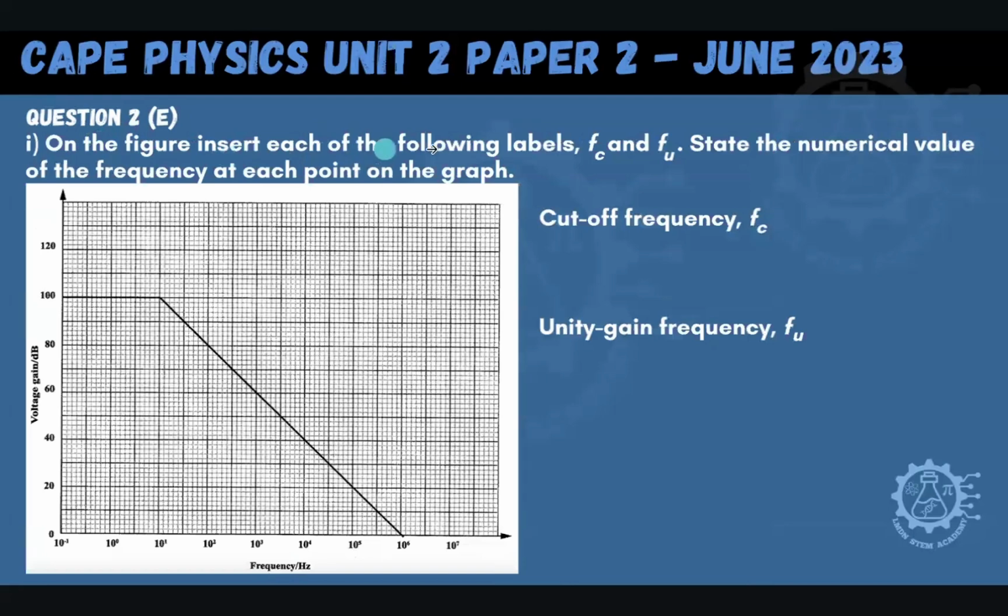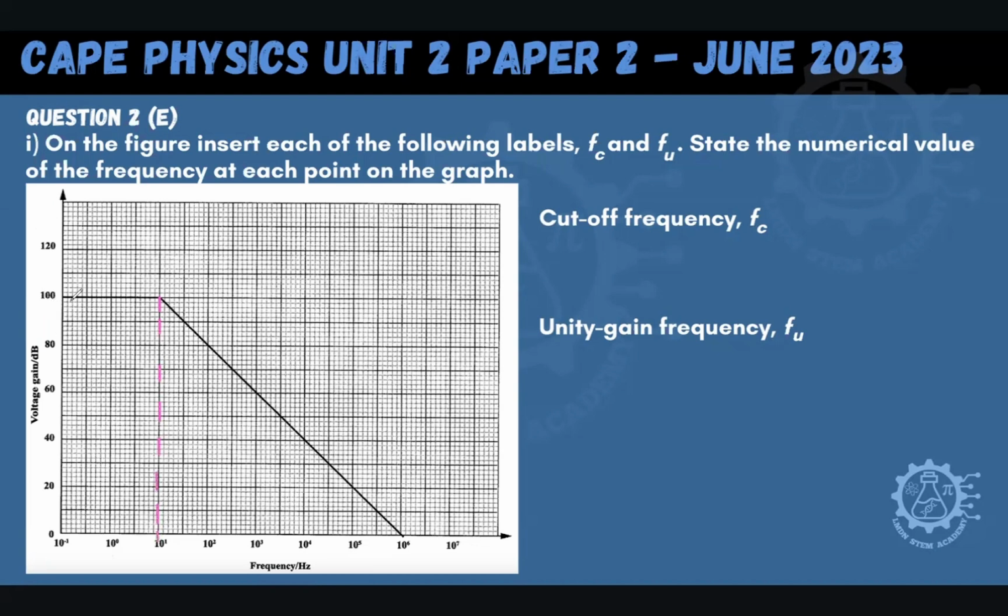On the figure, insert each of the following labels, F sub C and F sub U, and state the numerical value of the frequency at each point on the graph. The F little c is your cutoff frequency. The cutoff frequency is that point on the graph where you're looking at the gain, and all of a sudden you see a massive drop in the gain. That's at this point here.